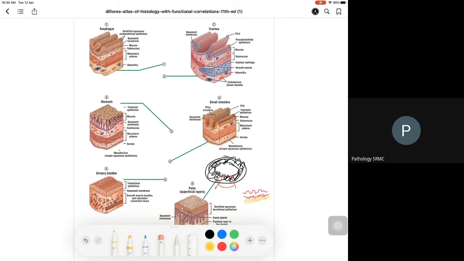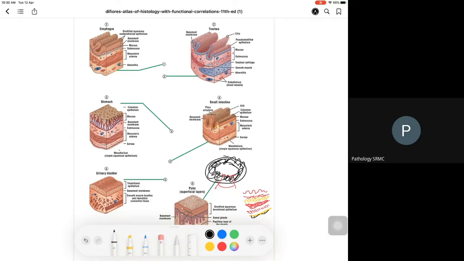Then comes the muscularis propria. There is no brown, so I will draw it with a red. Muscularis propria. Again, there are 2 layers of muscularis propria. I will draw like that. And then comes the serosa. Serosa is lined by mesothelial cells which are very flat. So there are 4 layers.